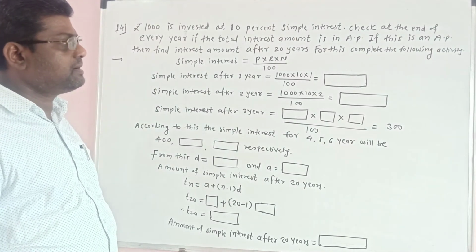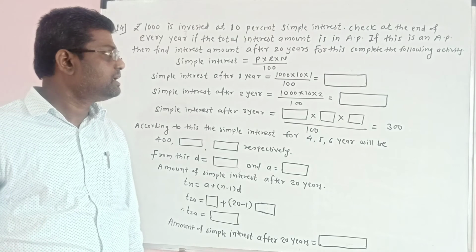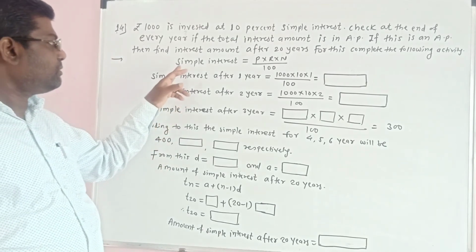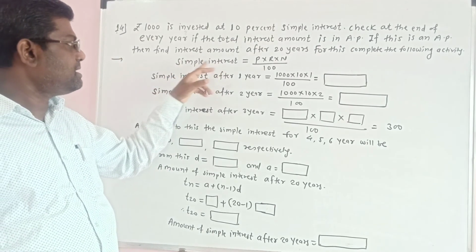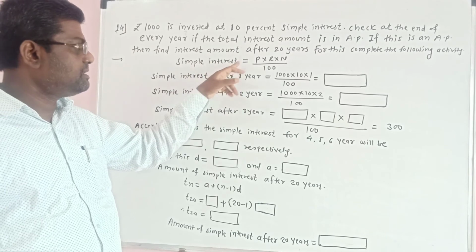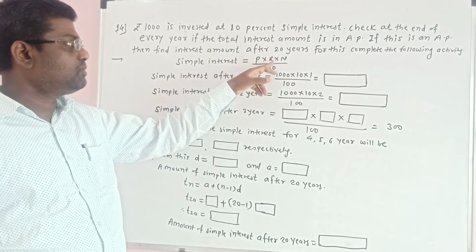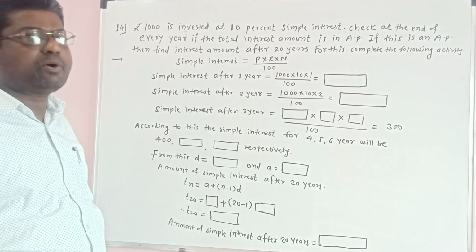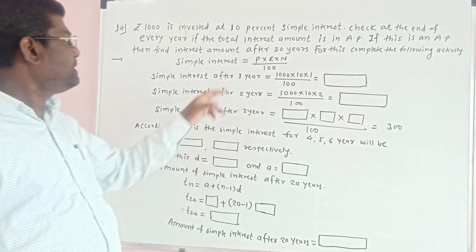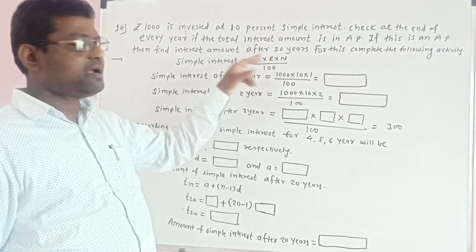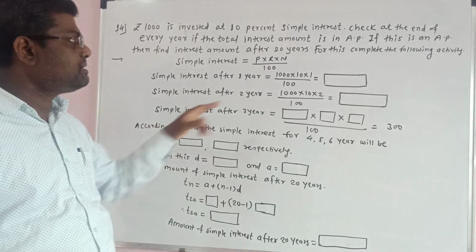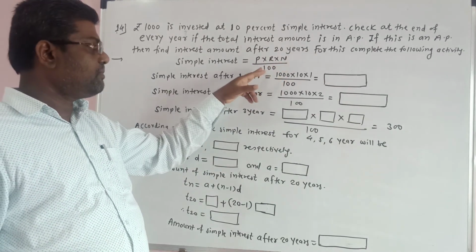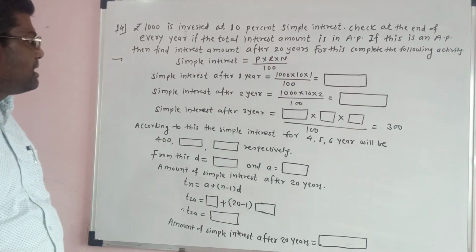For this, complete the following activity. Now the formula for simple interest is P into R into N upon 100. P is the amount invested, R is the rate of interest, N is the number of years, divided by 100.